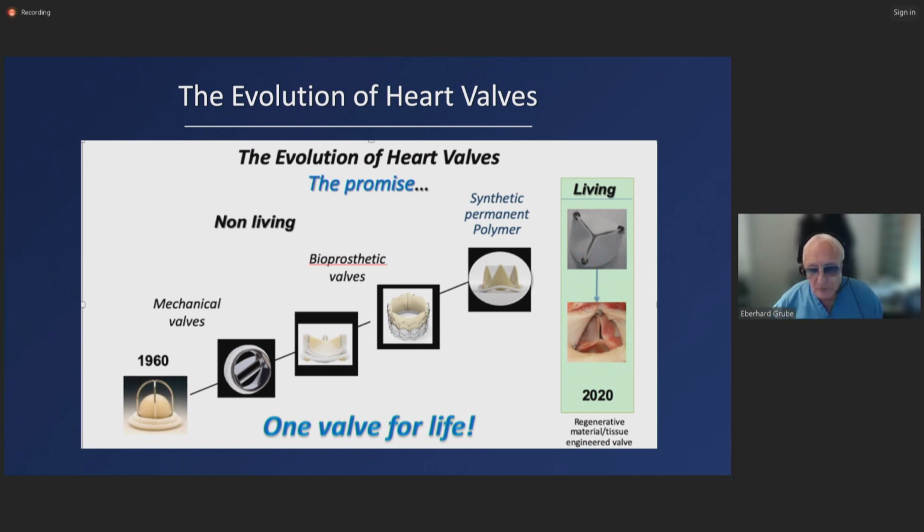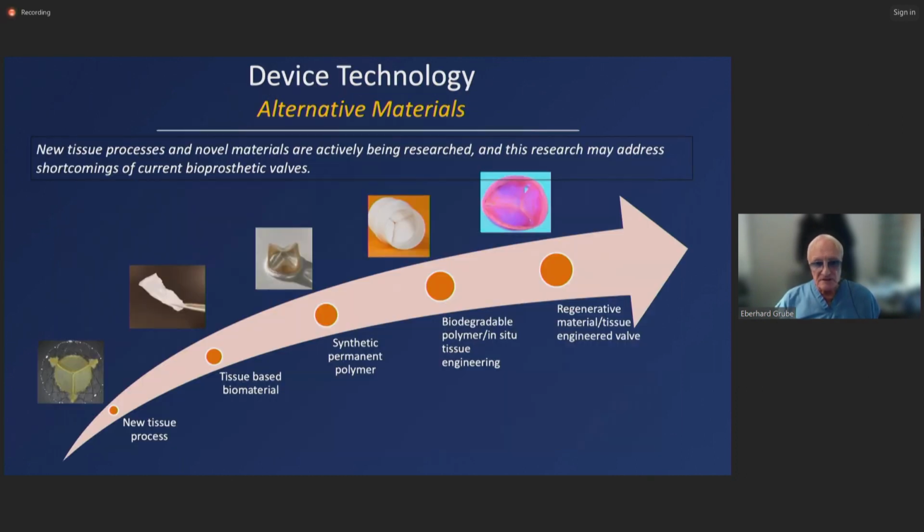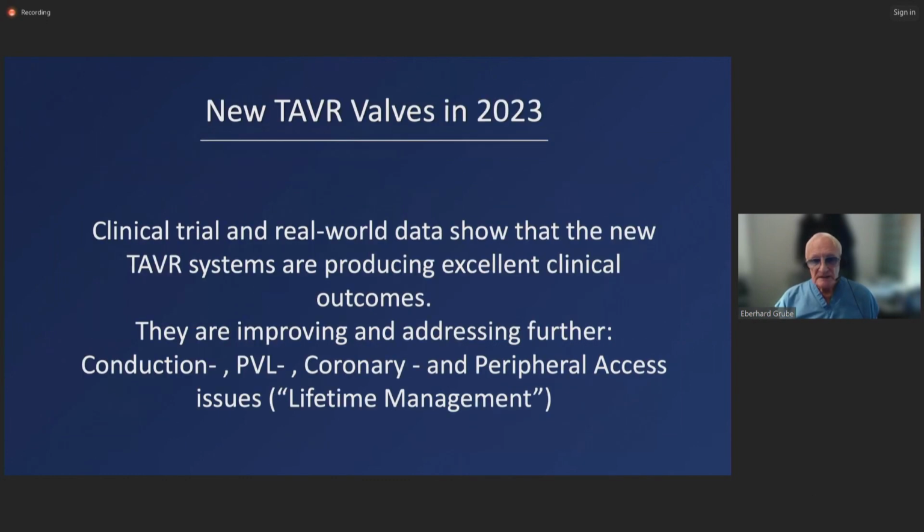And maybe at some point, we will have this particular valve. Alternative materials are actively being researched, and this research may address shortcomings of current bioprosthetic valves as shown here. If we look at the valves in 2023, we can say clinical trial and real-world data show that the new TAVR systems are producing excellent clinical outcomes.